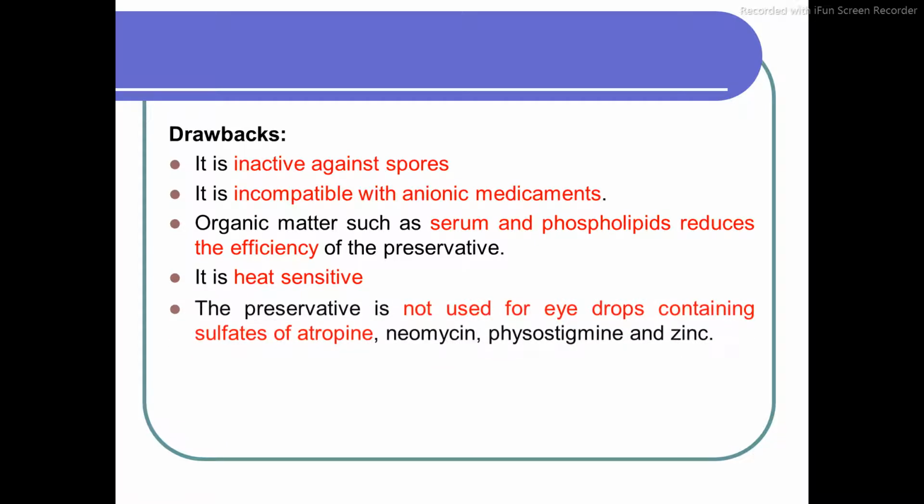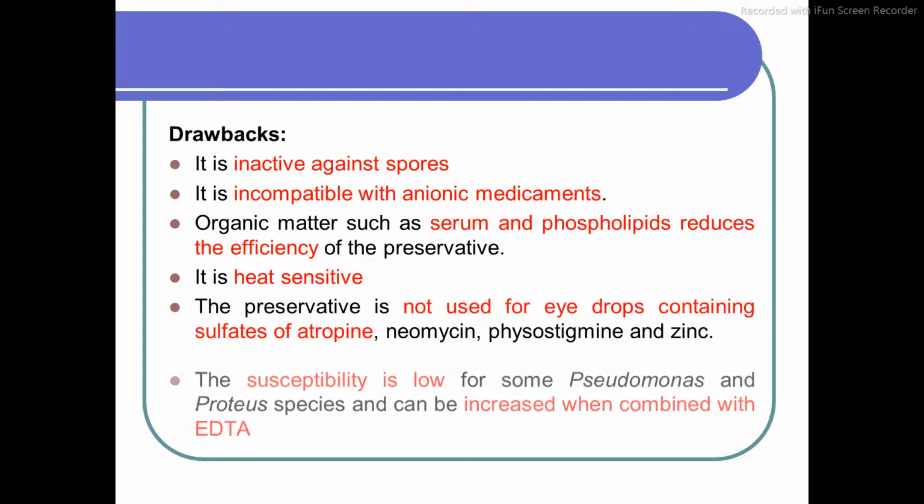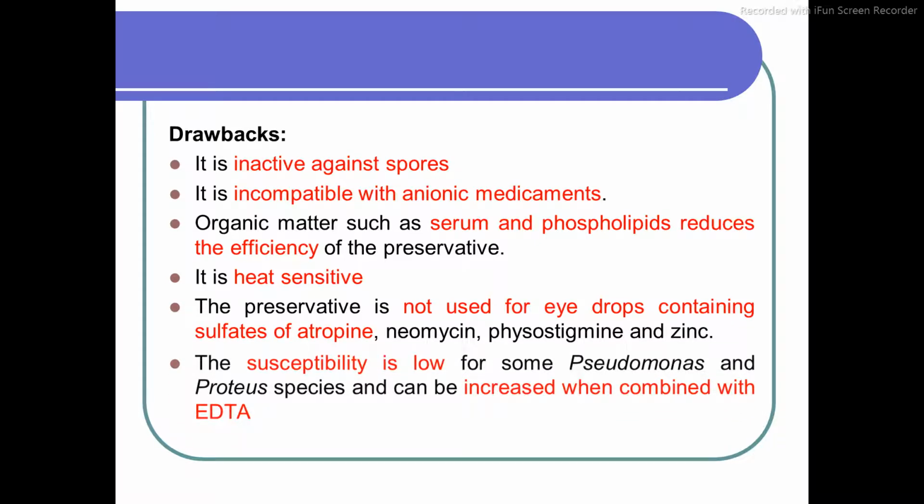The preservative is not used for eye drops containing the sulfates of atropine, neomycin, physostigmine and zinc. Susceptibility is low for some Pseudomonas and Proteus species and can be increased when combined with EDTA. So these are some drawbacks of chlorhexidine preservative.